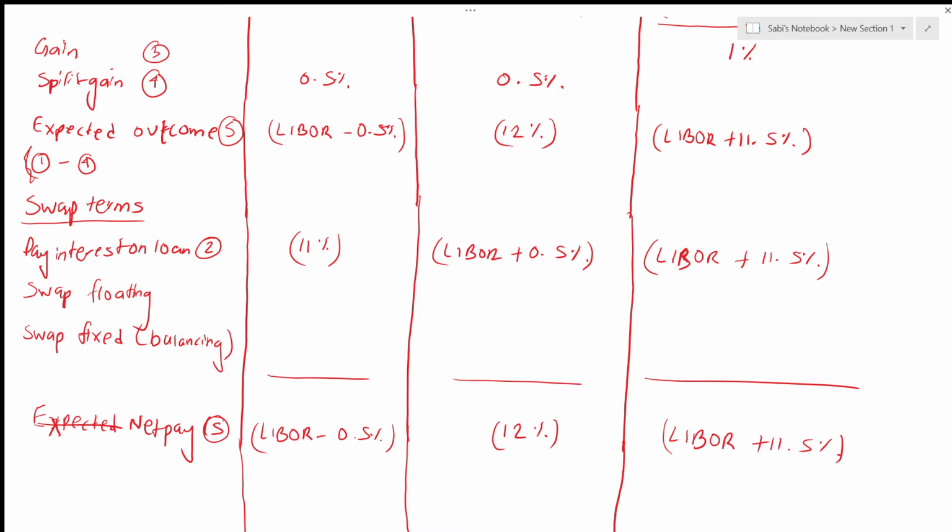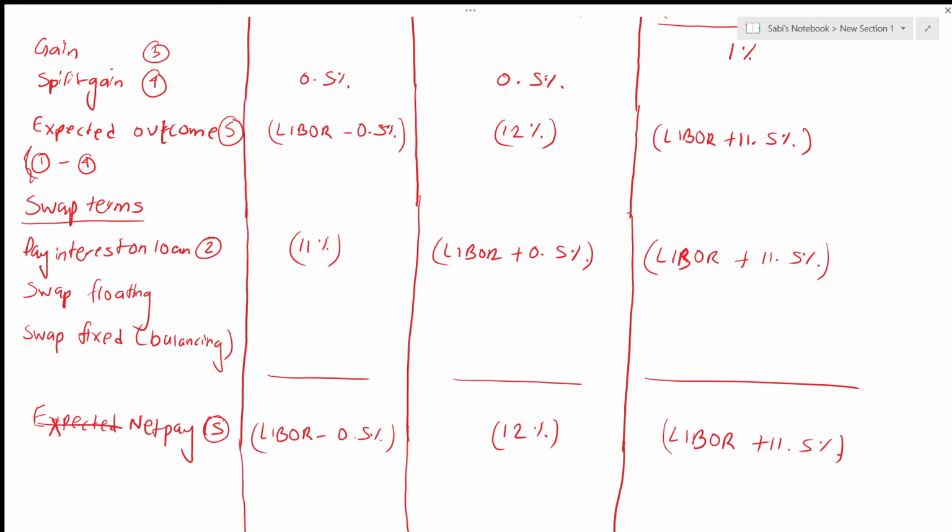The first company or the second company? I can see the first company has LIBOR minus 0.5%. The second company only has 12%. There is no LIBOR in this second company. That means the first company is the one who is going to pay. You can see the LIBOR inside the bracket. The second company has no LIBOR, only 12%. That means the second company is going to receive LIBOR.